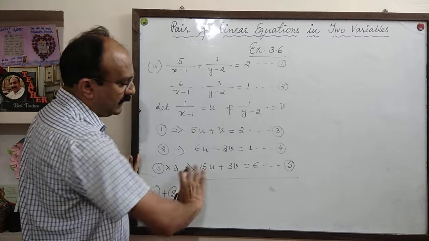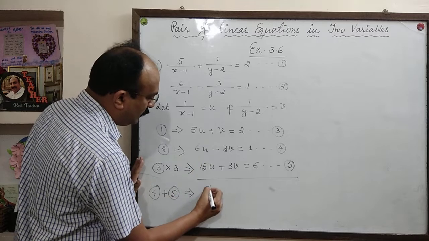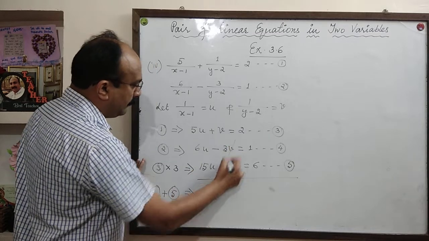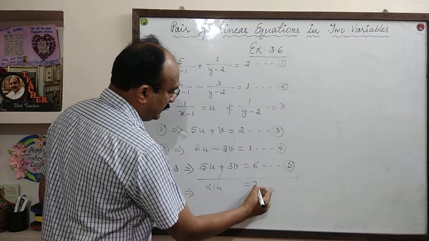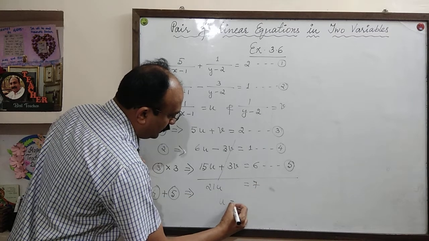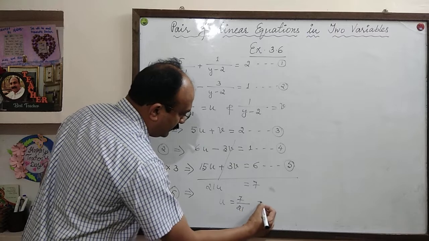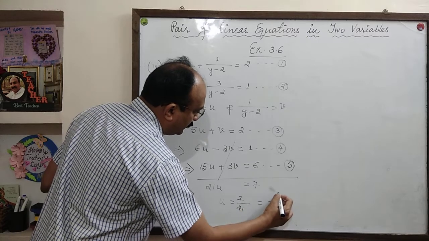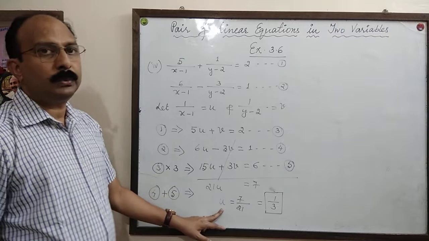Since it is addition, no sign change. 6 plus 15, 21u. Minus 3v plus 3v cancel. 6 plus 1, 7. U is equal to 7 upon 21, which is 1 upon 3. We got the value of u.